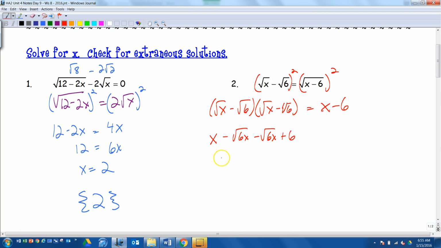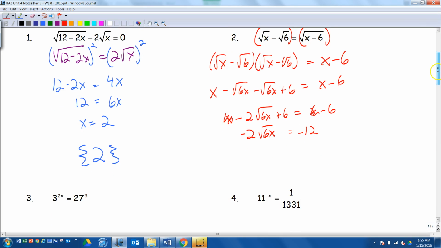So we basically get x minus 2 root 6x plus 6 equals x minus 6. These x's go away. Subtract x, subtract x. This 6 goes over here and you get negative 12.